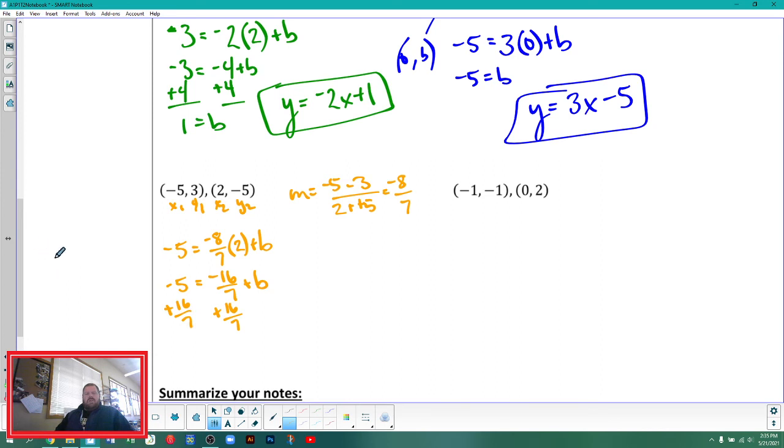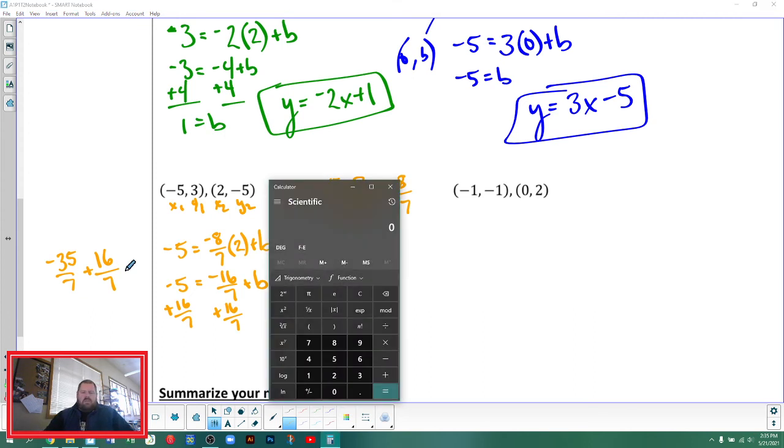And just as a little scratch work, negative 5 would be negative 35/7 plus 16/7. And that's going to come out to give me, let's just double check. Negative 35, and that plus 16, negative 19/7.